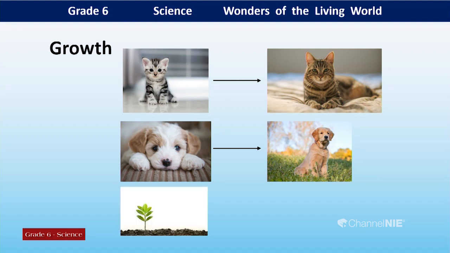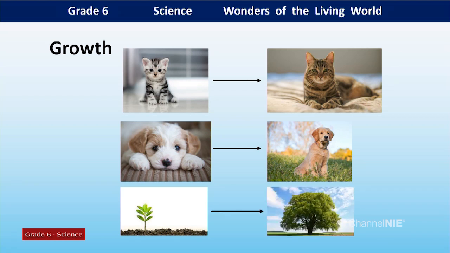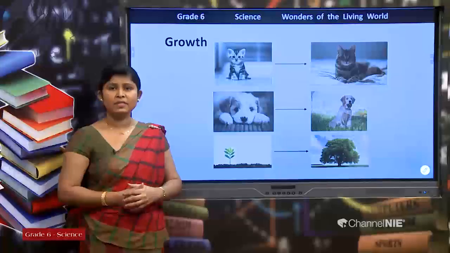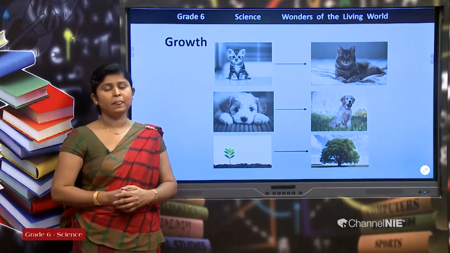Then a very small plant, with the time it has become a huge tree. My dear children, you have to understand that at first the organisms are small, but with the time they have increased their weight, height and the size of the body. Then you have to understand that this is known as the growth.